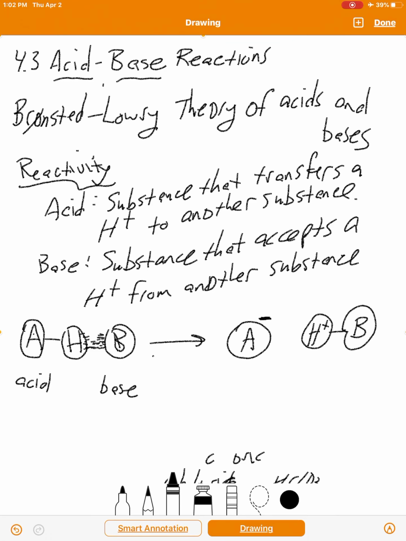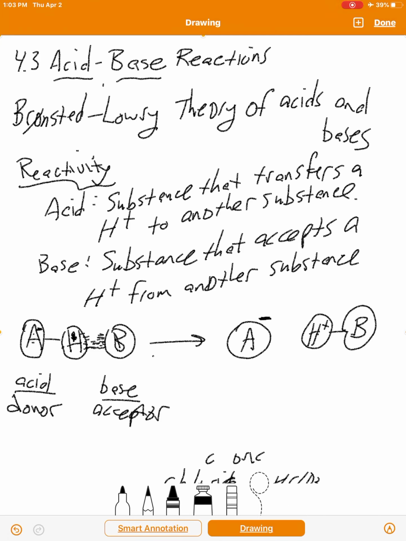An H plus, in fact, let me just put a minus here and a plus here, just so you can see it. So minus plus. Think of it almost like an ionic compound. So the A minus is giving up the H plus to the B. So now the B has the H plus. It's accepted the H plus. So this is what's called the acceptor. It accepted the H plus, and this one is the donor. It donated the H plus. So for that reason, we would call this one the acid and this one the base.